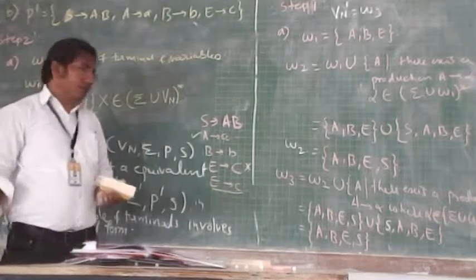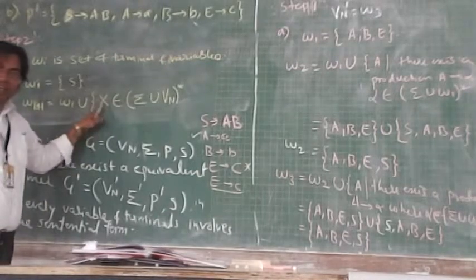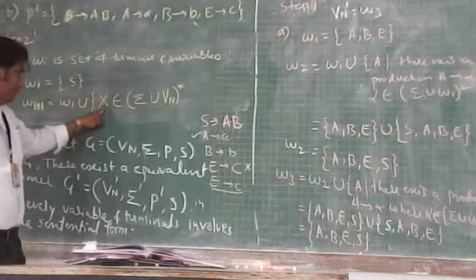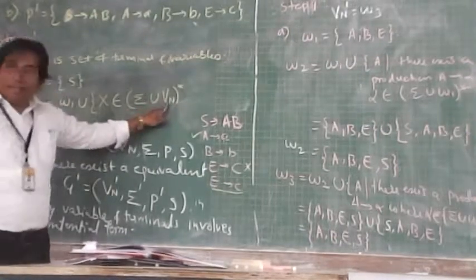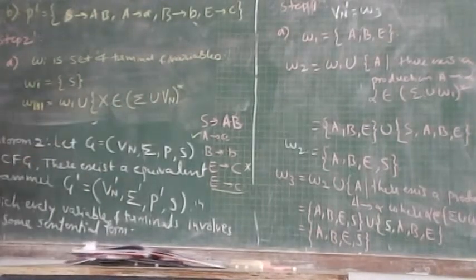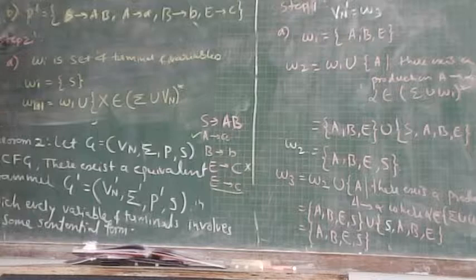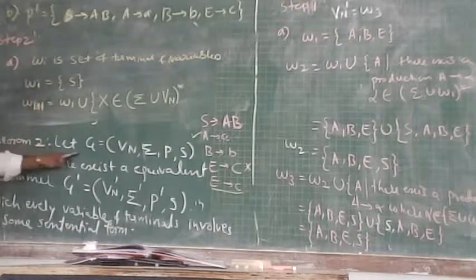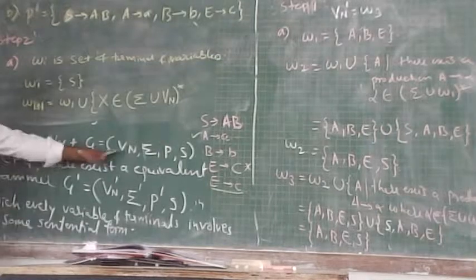Okay? So X is something. X is a set of variables or terminals which belongs to sigma union Vn. Here Vn is what? We are talking about the second theorem, so here Vn is this one.